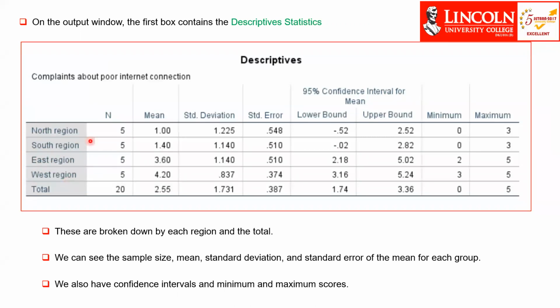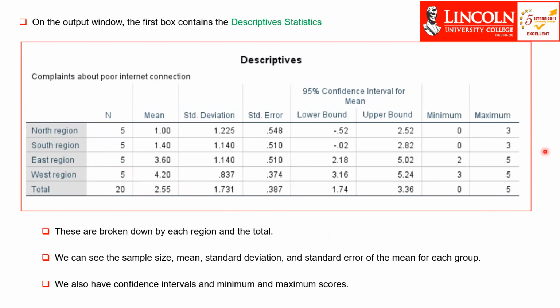We can see the sample size, which is 5 for each region, and the total is 20. So that shows you that there's no missing value. We can see the mean of each region. We can see the standard deviation as well as the standard error of the mean. We also have the confidence interval and minimum and maximum scores for each.